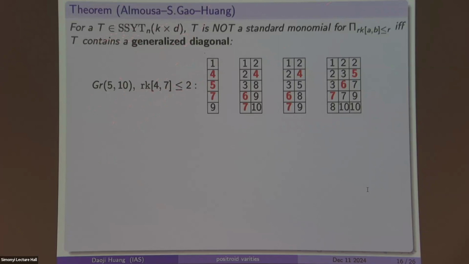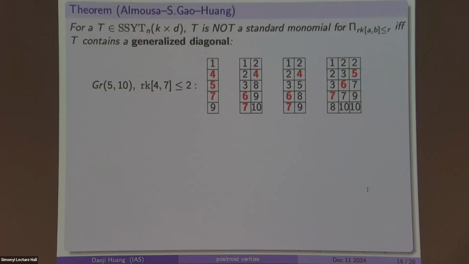I write down a semistandard tableau, which corresponds to k rows and d columns, where d is the degree of my monomial. If I take all of them, these are all of the standard monomials for the Grassmannian. For this particular interval Positroid variety, I ask for another condition, which is that it cannot contain a generalized anti-diagonal, which I define right now by this example.